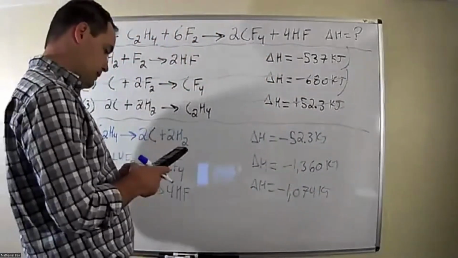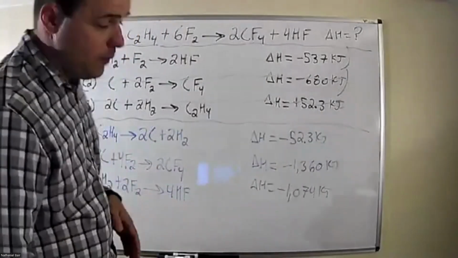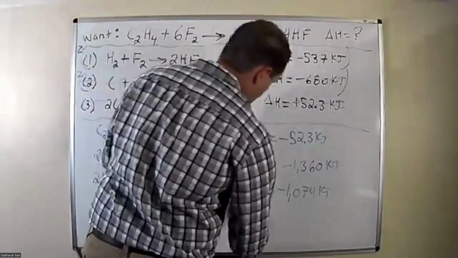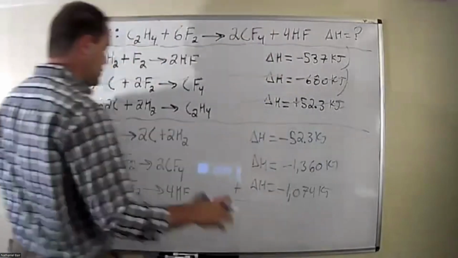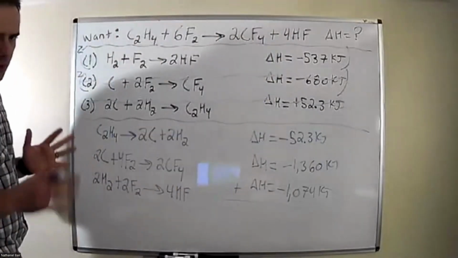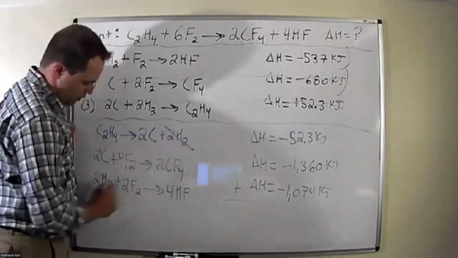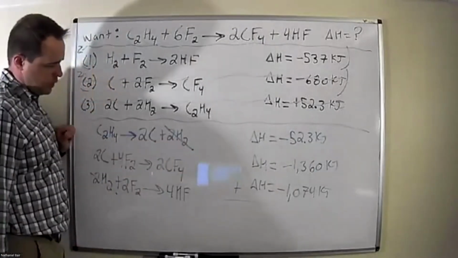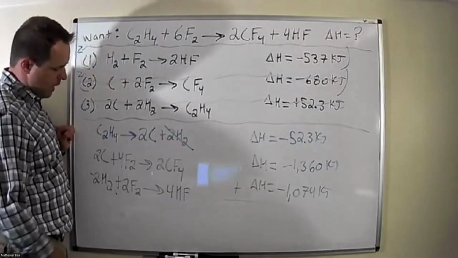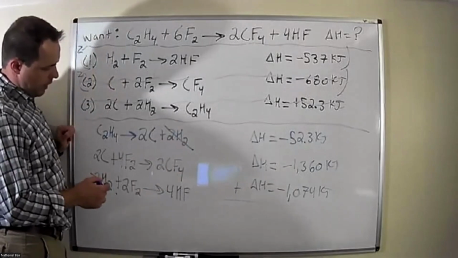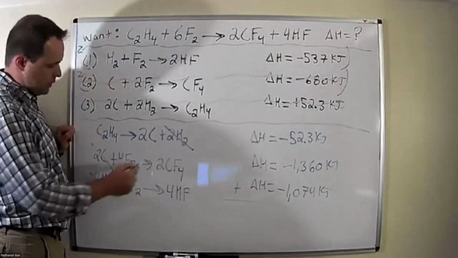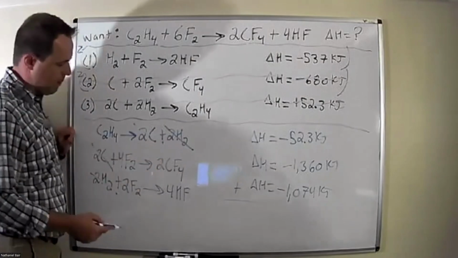So before I feel confident in adding those up, I want to check my work. Again, Matt Damon moment. Can you get anything to cancel out? I see 2 H2s on the product side and 2 H2s on the reactant side. I see 2 carbons on the left and 2 carbons on the right.